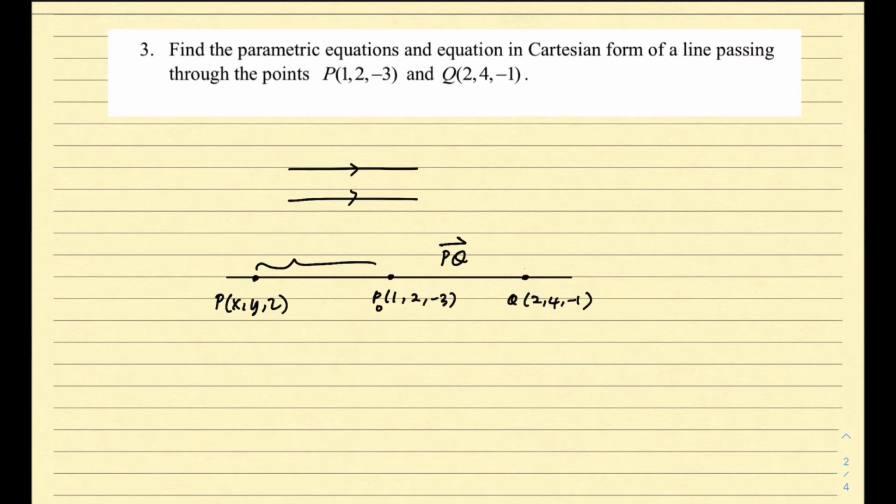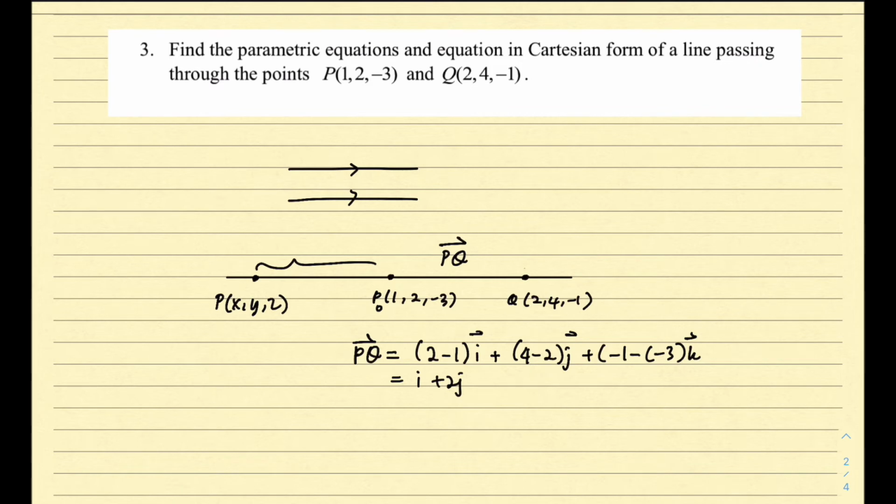So, nak cari vector PQ senang je. Okay, so kita ambil point Q, kita tolak dengan point P. So, point Q adalah 2, tolak dengan 1, ini untuk I. Tambah dengan 4, tolak dengan 2, ini untuk J. Dan tambah dengan negatif 1, tolak dengan negatif 3, ini untuk K. Okay, so from here we have 2 minus 1 is 1, 1 times I is I. 4 minus 2 is 2, 2 times J is 2J.